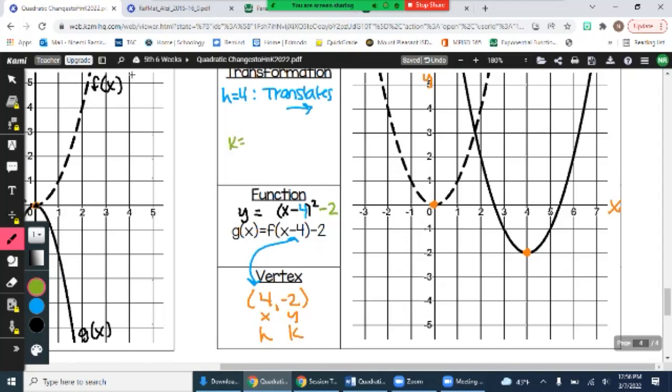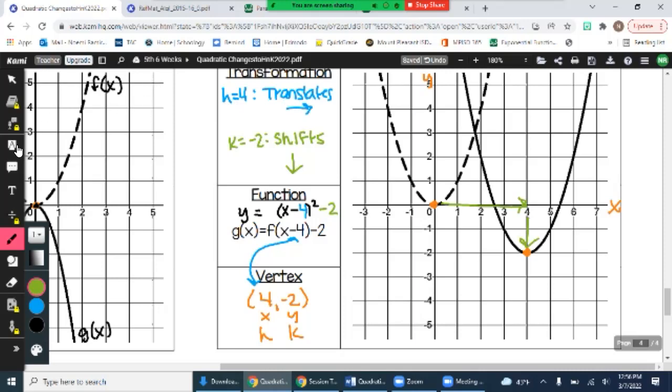And the other number they added was negative 2. If k is negative 2, which way is it going to shift? Shifts down. If h is a positive number, it translates to the right. K is negative, shifts down. So we went right 4, down 2.